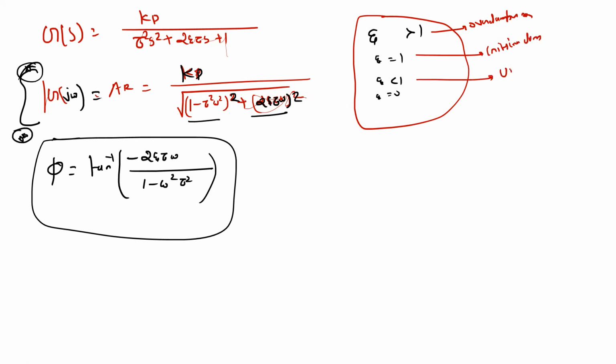Zeta is less than 1, that is called under damped. And zeta is equals to 0, I have told you that is an undamped system. So all these systems were there, and I have discussed all these things in that lecture. If you want to study more deeply about the characteristic values of zeta, you can go through that particular lecture, and you can understand from there only, right?